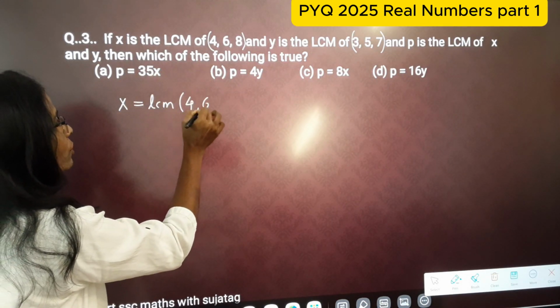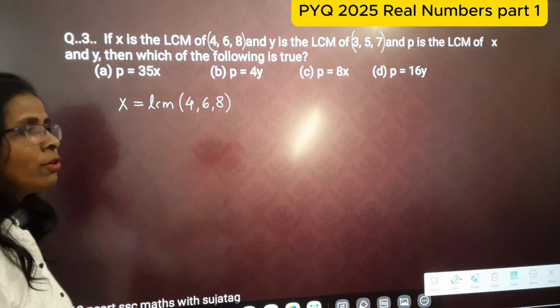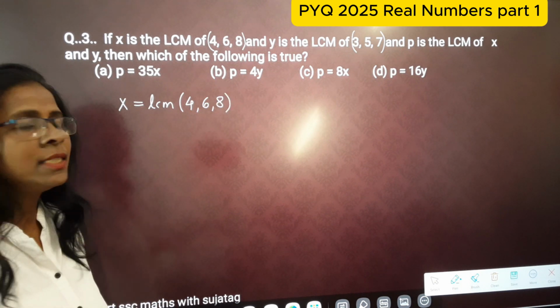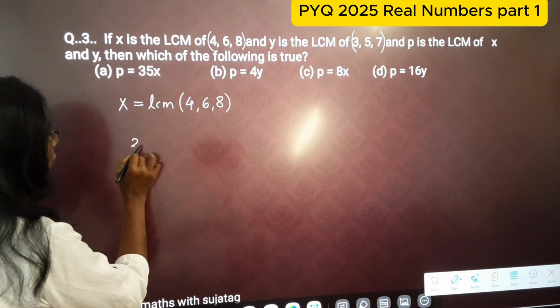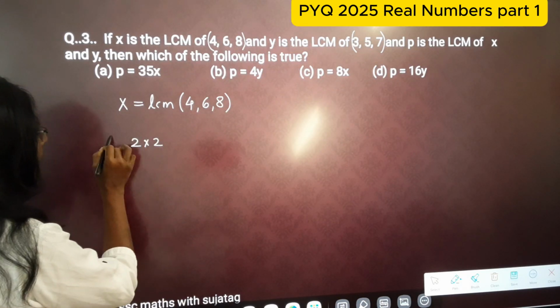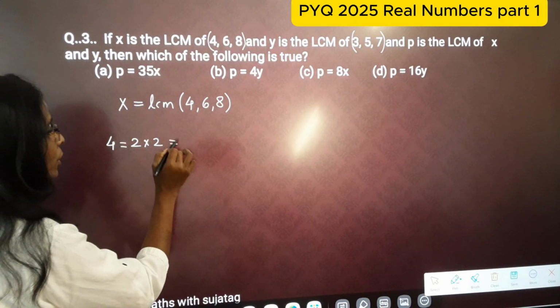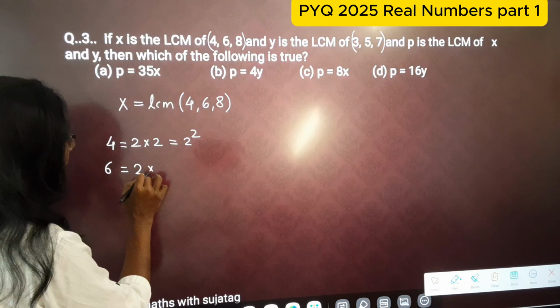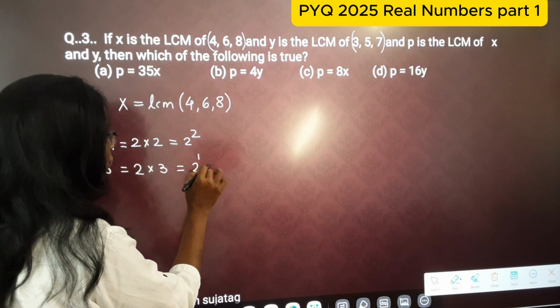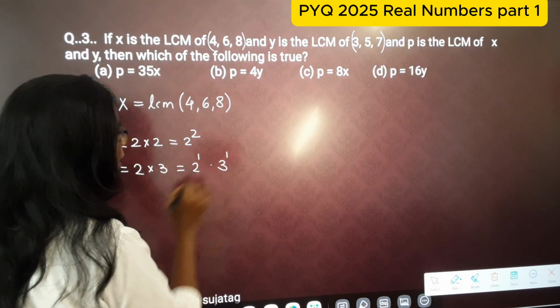of 4, 6, 8. So now we have to find the LCM of 4, 6, 8. The factorization of 4 is 2 into 2, that is 2 squared. 6 is 2 raised to 1 multiplied by 3 raised to 1.